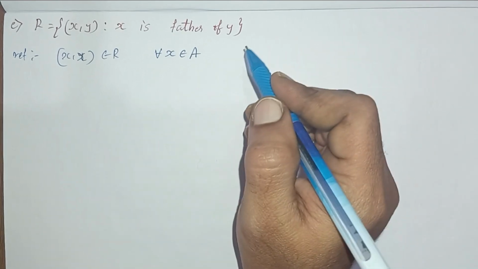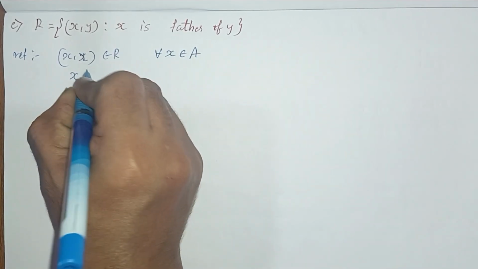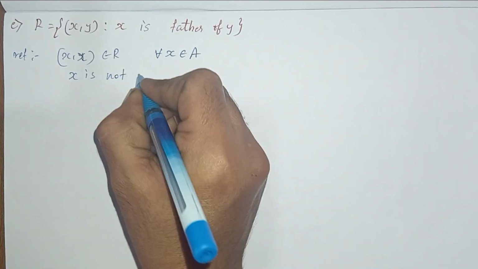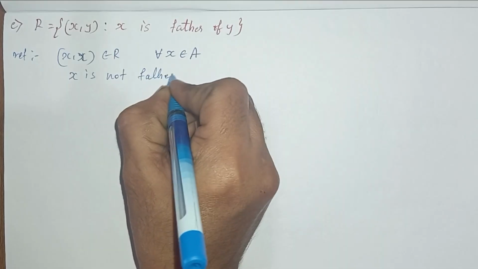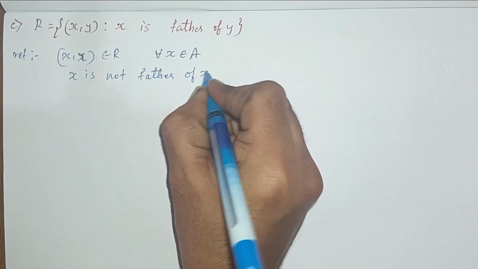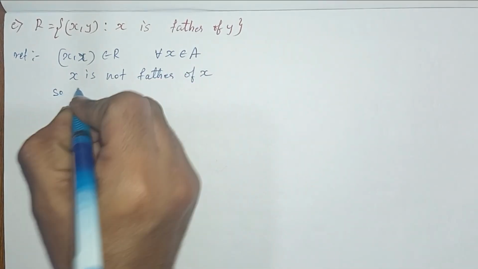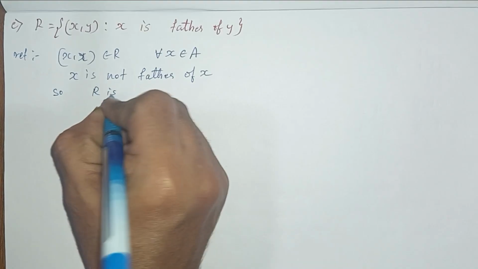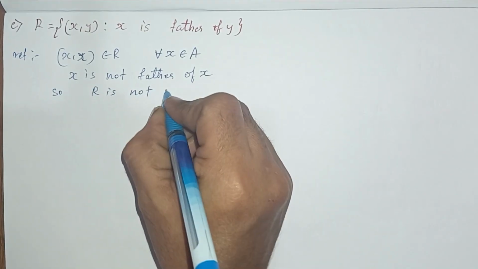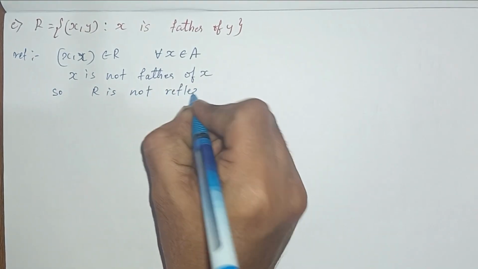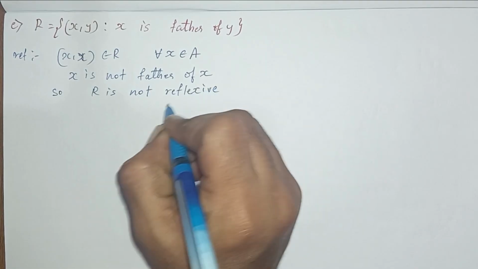It is not possible. So x is not a father of x. So R is not reflexive.